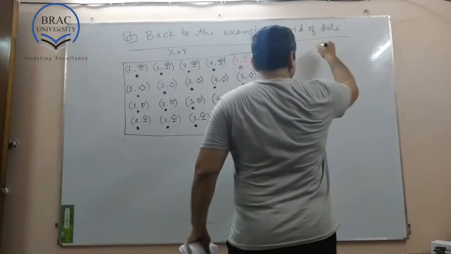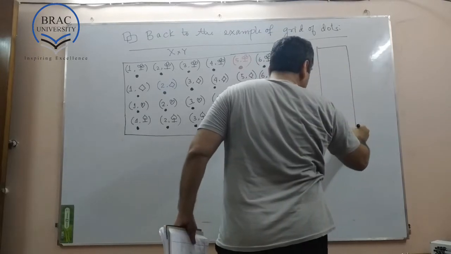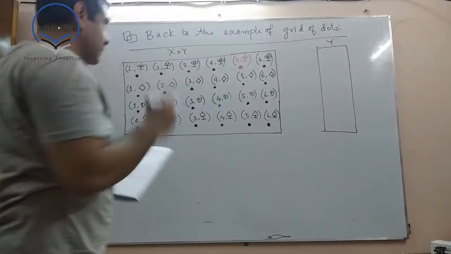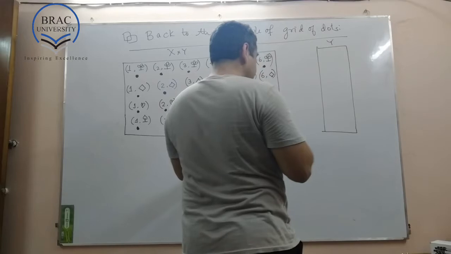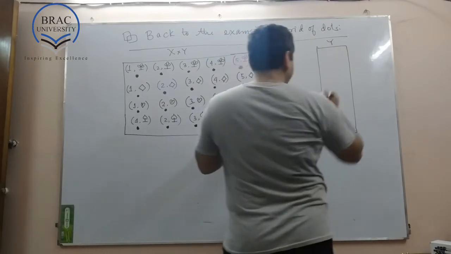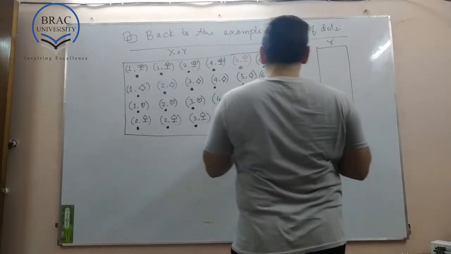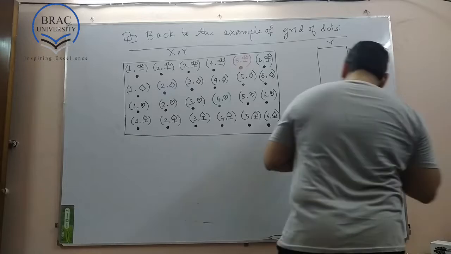Now I have this set Y here that I drew earlier with 4 elements, the 4 colors in a suit of cards. I'm going to draw the first one in red.